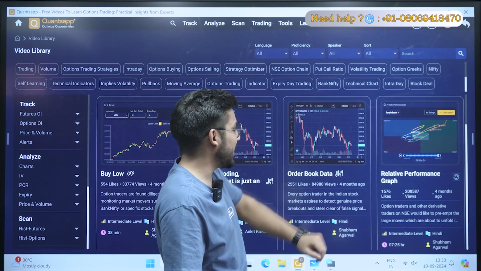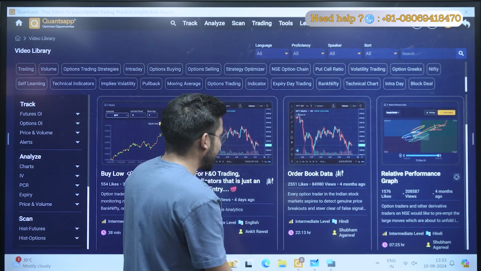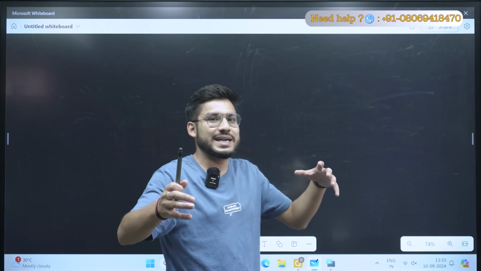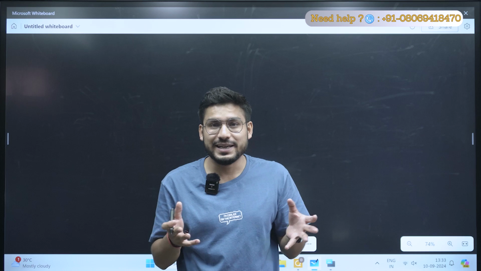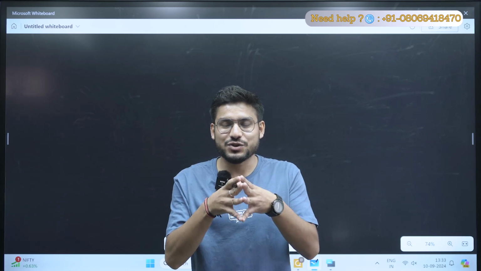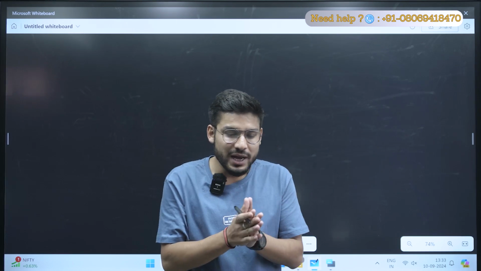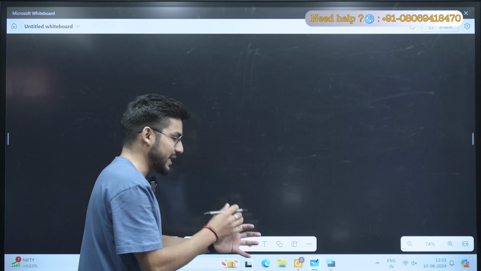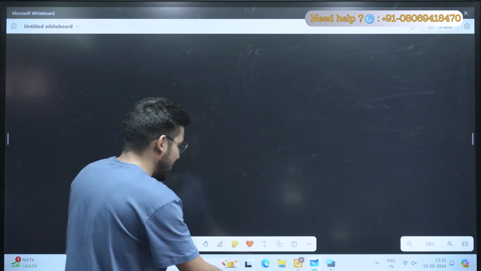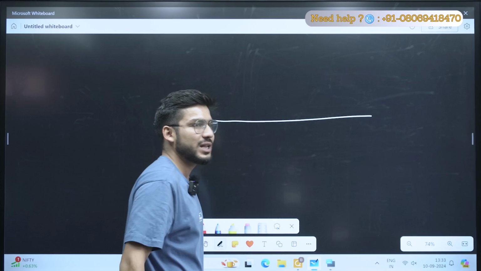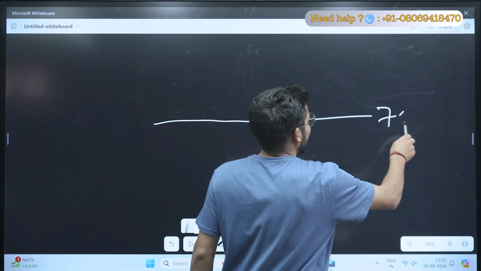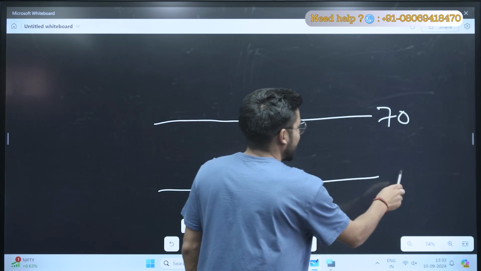Okay, let's go ahead. So today we are talking about how you can take swing trades with the help of a very simple indicator, that is RSI, relative strength index. Before we start on how to trade swing, what is RSI? By default the RSI takes the level of 70 for the upper level and 30 for the lower level.